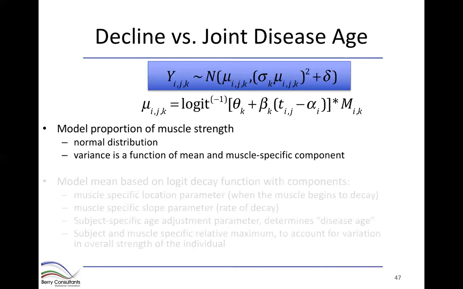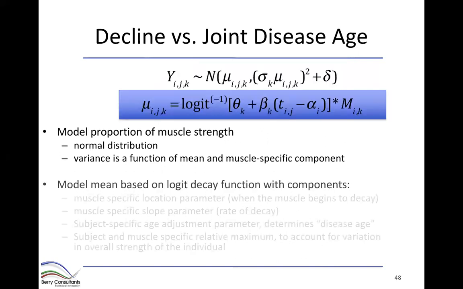So here, even though this looks quite complex, we're just modeling the proportion of muscle strength at each visit in each muscle for each subject as normal with some mean and some variance. We assume that the variance is a function of the mean, and that as someone progresses and gets closer to zero, the variability will be less on these measures.